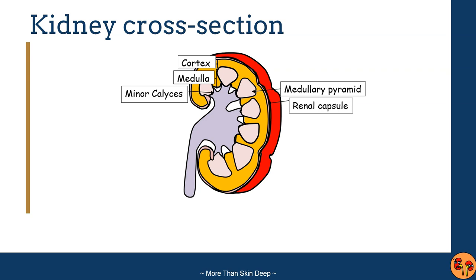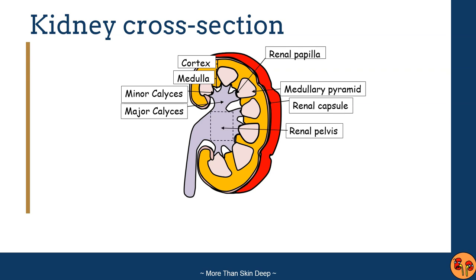The junction between the pyramid and the minor calyx is known as the renal papilla. Moving on, the minor calyx drains into the major calyx, and finally, the renal pelvis. The renal pelvis is continuous with the ureter. A common site for a kidney stone to be lodged is at the uretero-pelvic junction, here.